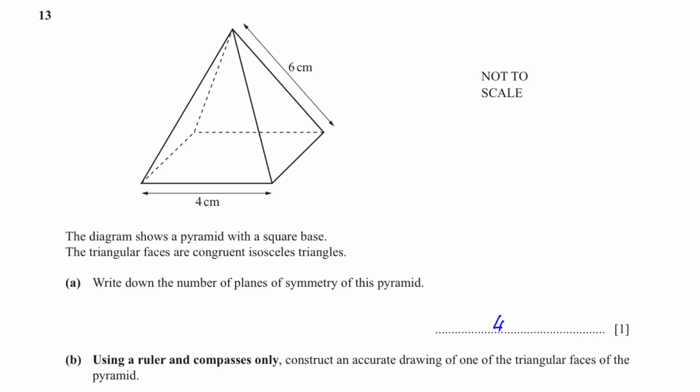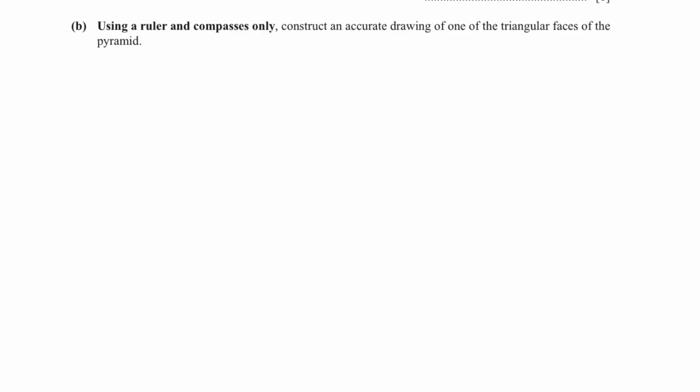We know that it is an isosceles triangle, so this is going to be 4 and 6. That's the triangle we have to construct. To construct the triangle, first draw a straight line 4 centimeter.